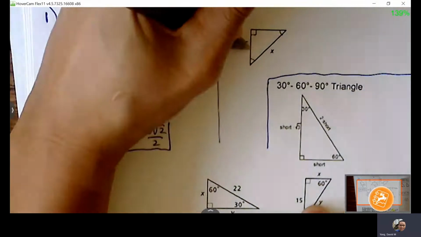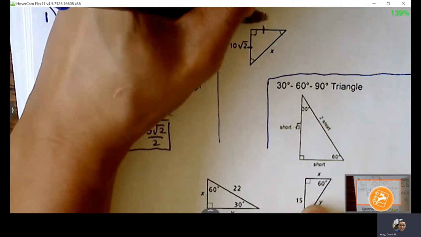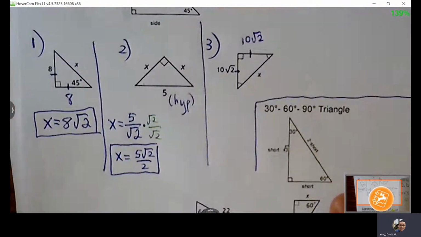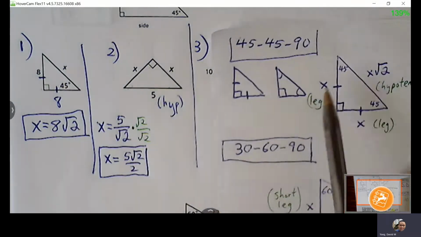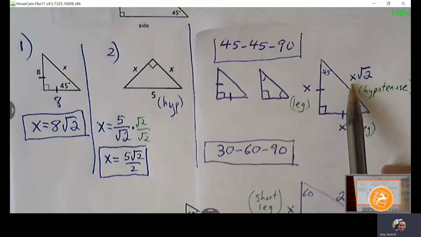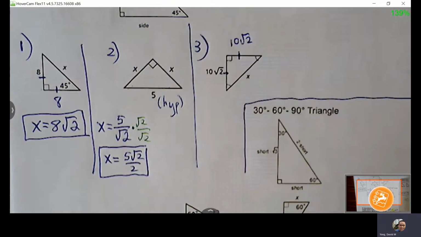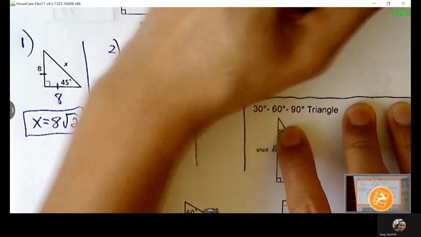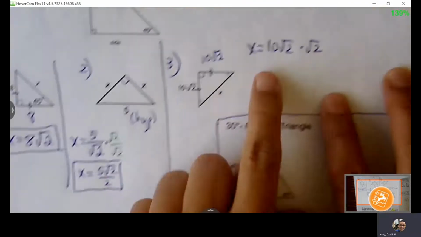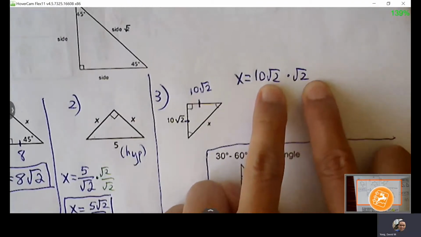We know that we're looking at are the leg values. So we know 10 root 2, 10 root 2, those are the legs. I want to find hypotenuse. So here's my formula. I need to take the leg value, multiply by square root of 2, and that will get me to the hypotenuse. Okay, what's root 2 times root 2?